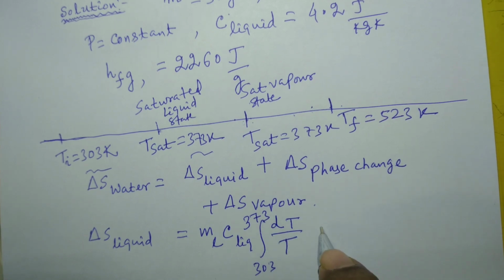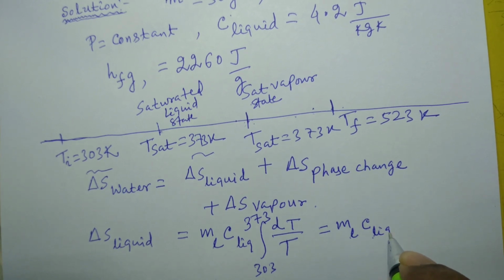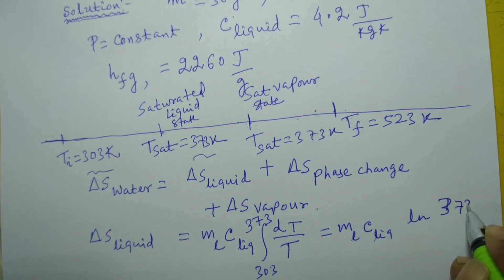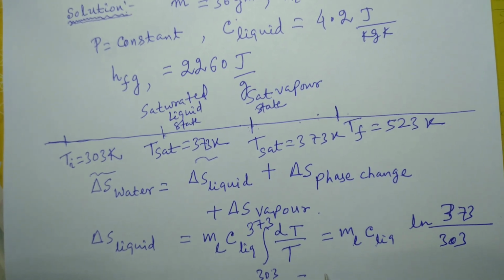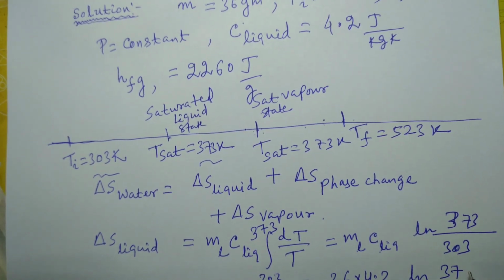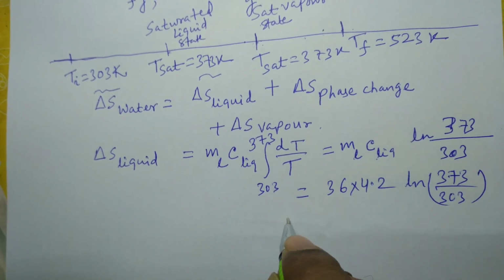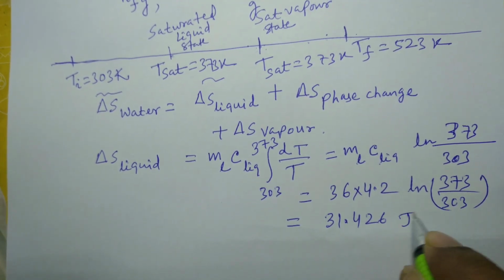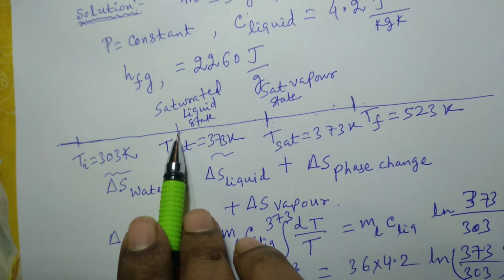So this is equal to m_l C_l ln(373 divided by 303). This comes out to be 36 multiplied by 4.2 ln(373 upon 303), and so this comes out as 31.426 joule per Kelvin.